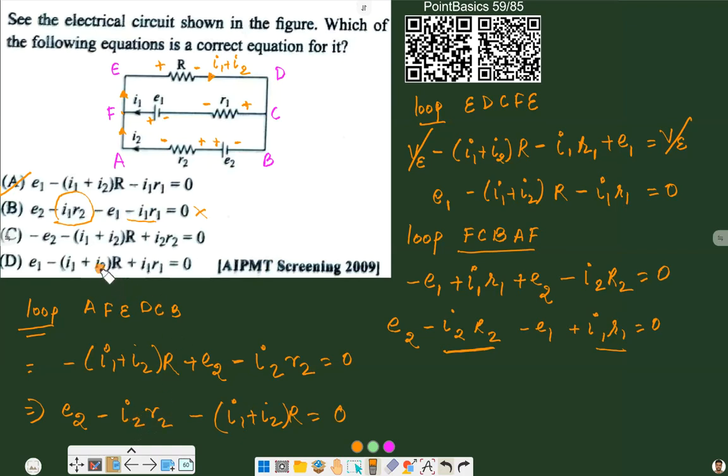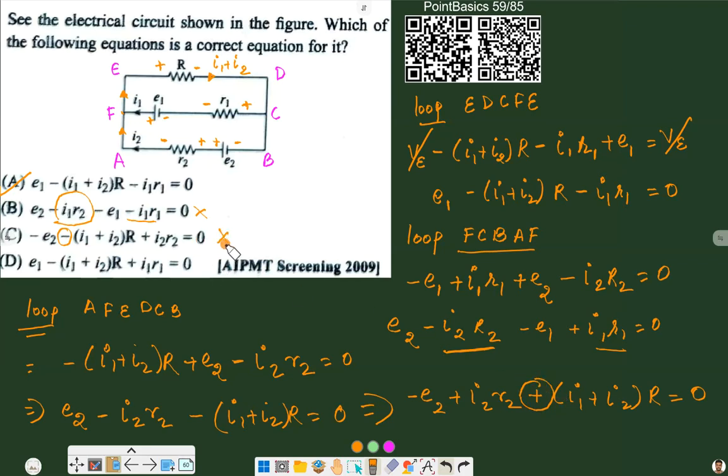And we don't have any equation like this. I think we do have it in option C, but here we have E2 with a negative sign. So let's take negative here. So it will be minus E2 plus I2 R2 plus I1 plus I2 R. The negative is okay, but as we solved, we are actually getting a positive sign.